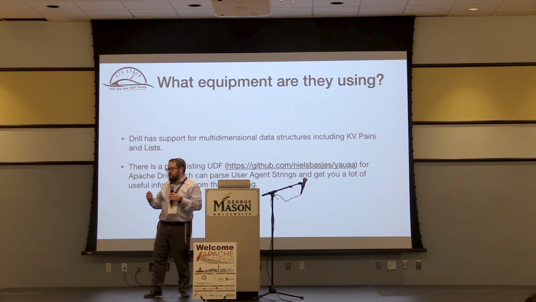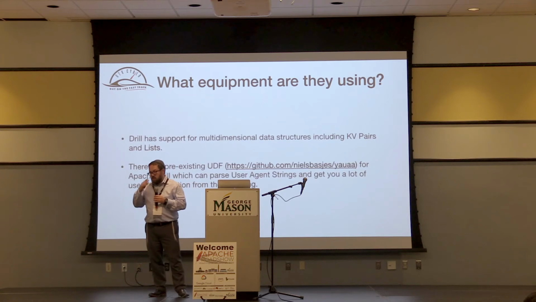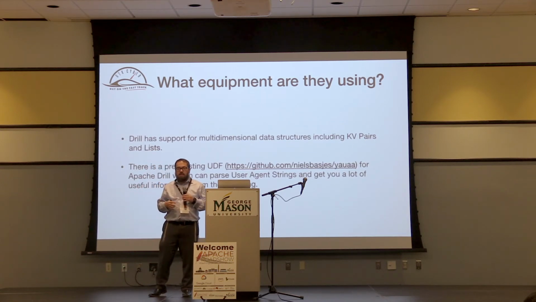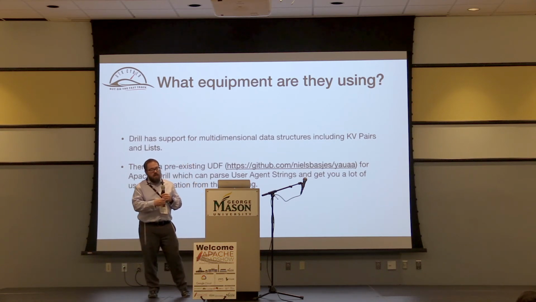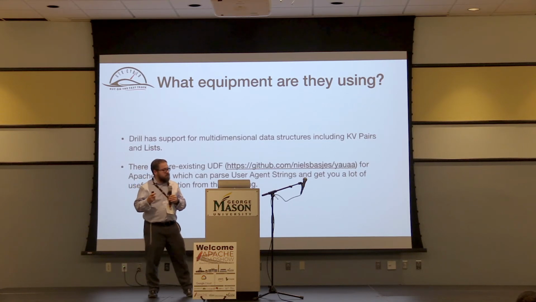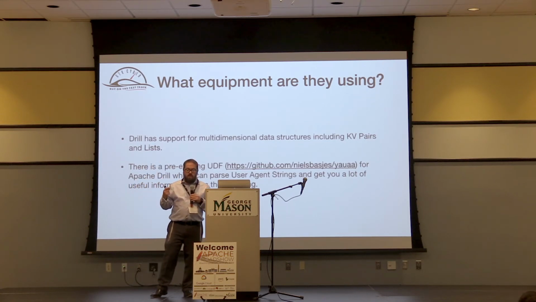One of the big differences between Drill and a conventional database is that Drill allows multi-dimensional data structures, including maps and lists. In addition to that, there is a custom function written by a Dutch gentleman that will enable you to parse user agent strings and break out all that information into a map.